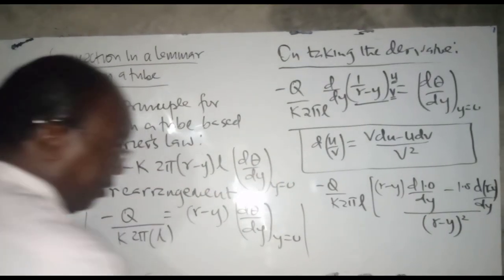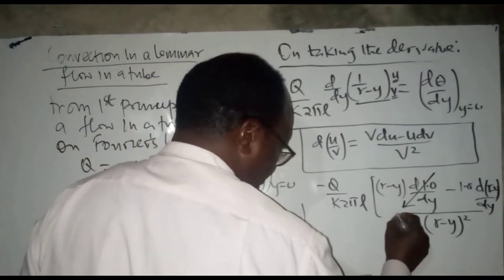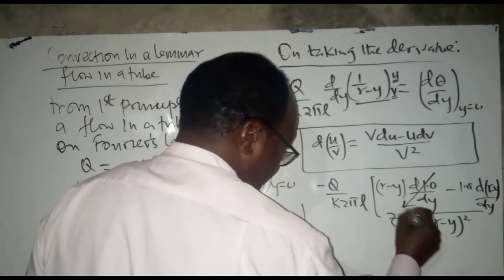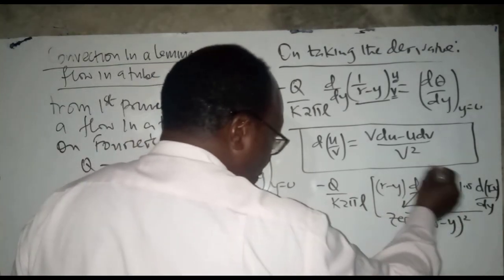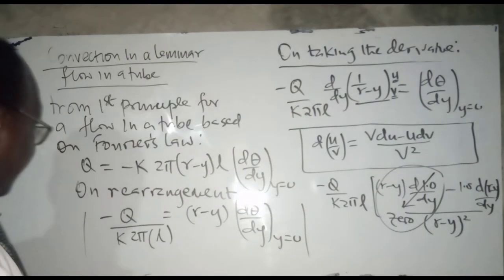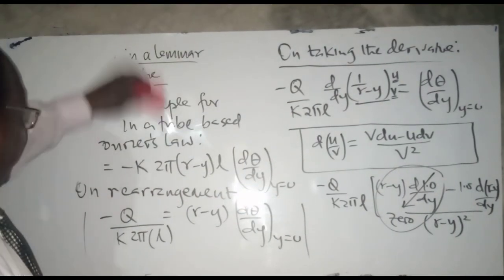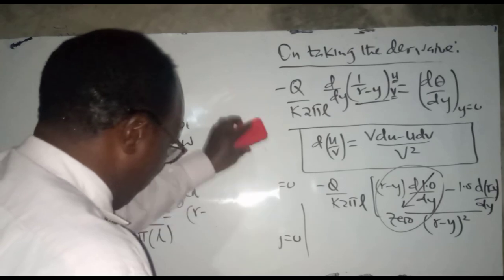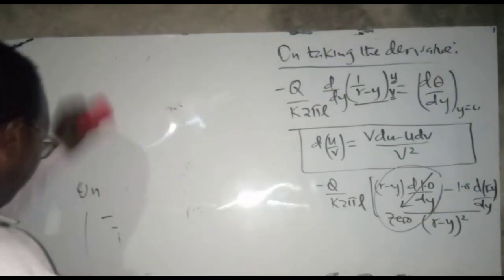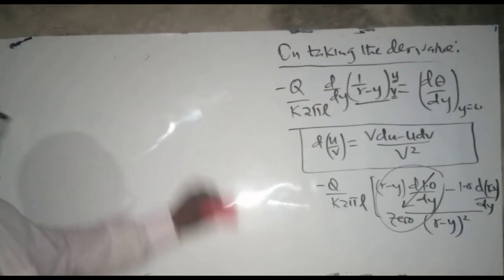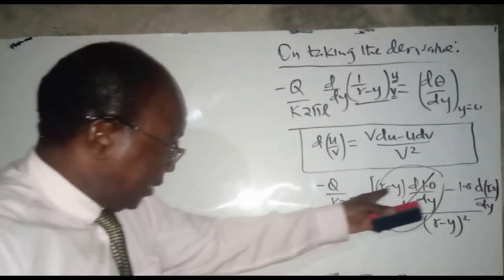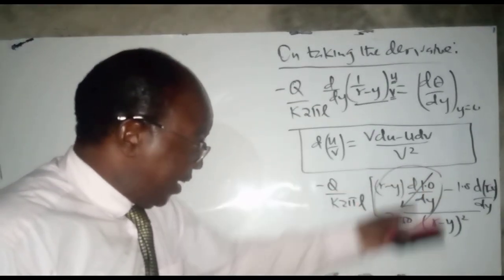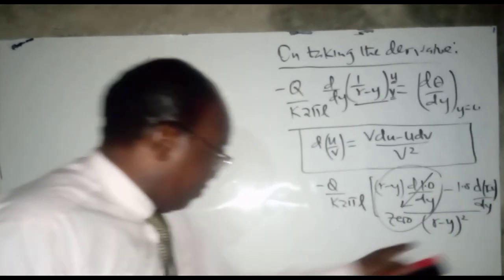Remember, the derivative of a constant is 0. So all this quantity here will vanish. So what expression are we left with? The derivative of a constant is 0, so multiplying with 0, all of it will vanish. Then you have 1 times that derivative over that.